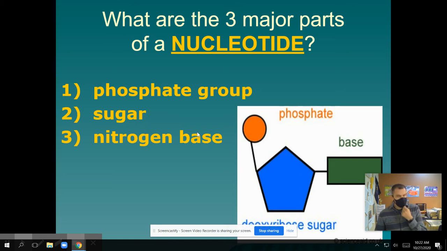The base is the only difference. There's an A base, a T, a C, and a G: adenine, thymine, guanine, cytosine. That's the only difference between the different nucleotides. The sugar and phosphate are always the same. Those three things together make one nucleotide.